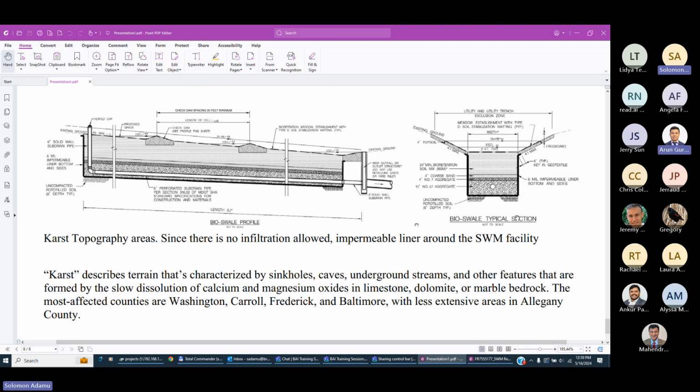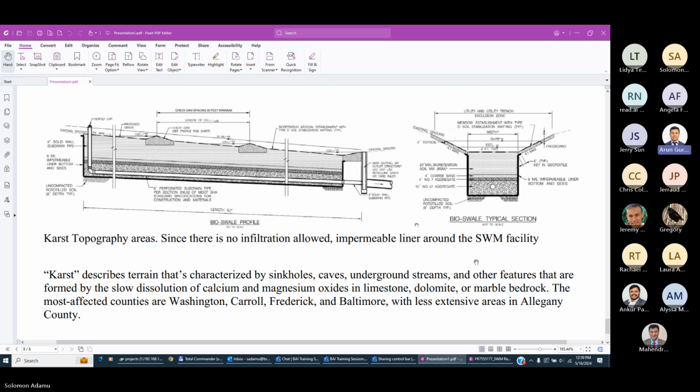Karst areas are very susceptible to sinkholes, because limestone is easily dissolved by the infiltrating water, and that creates a void in the ground, which eventually develops into a sinkhole in the long term.